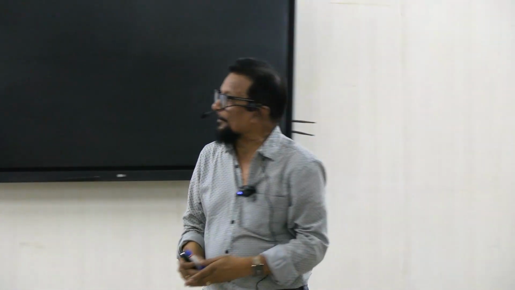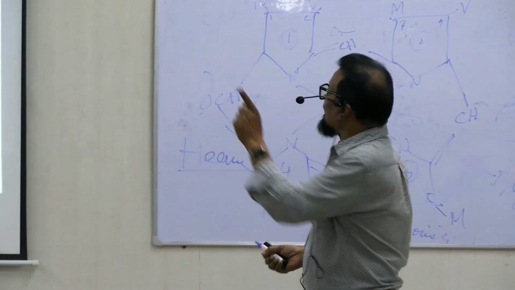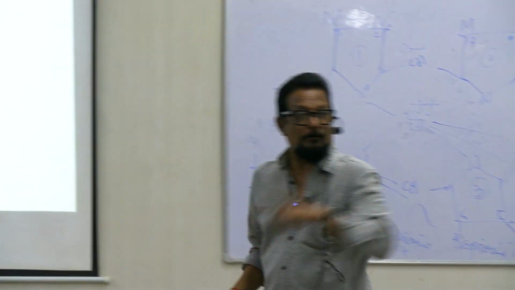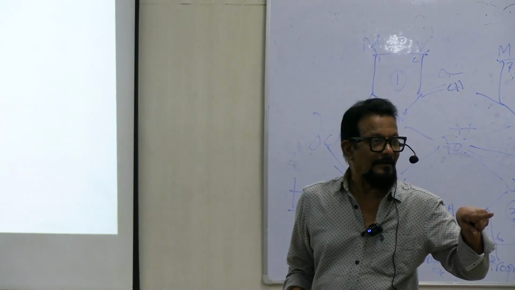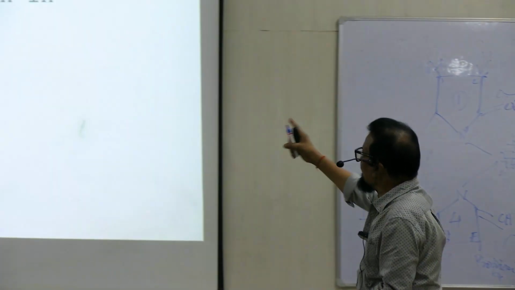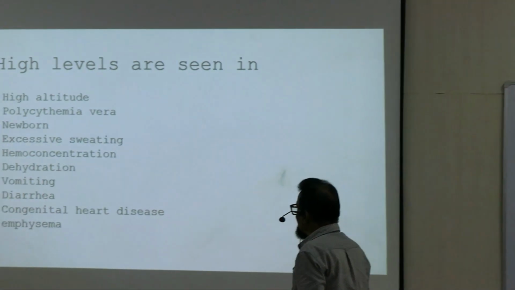If water moves from the blood to the tissue spaces, blood will be concentrated and hemoglobin concentration will rise. Okay. And with vomiting, water loss, high levels will be seen. Diarrhea, water loss from the plasma, as a result a high level of hemoglobin will be seen.